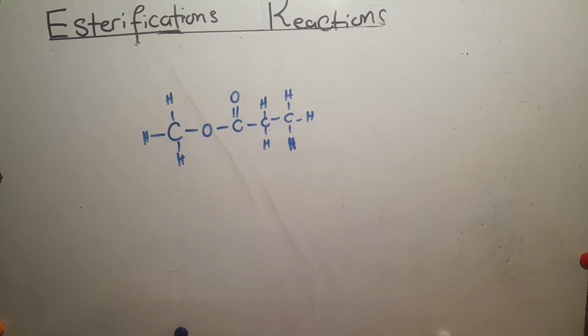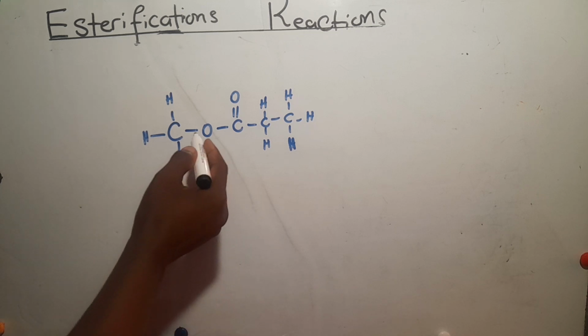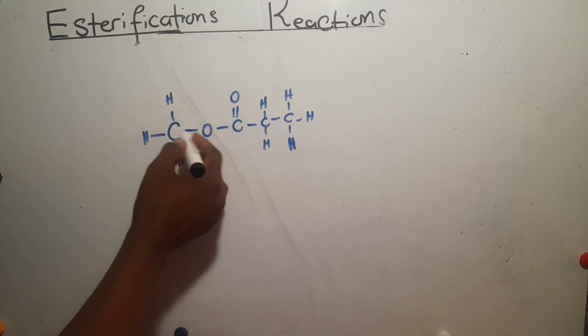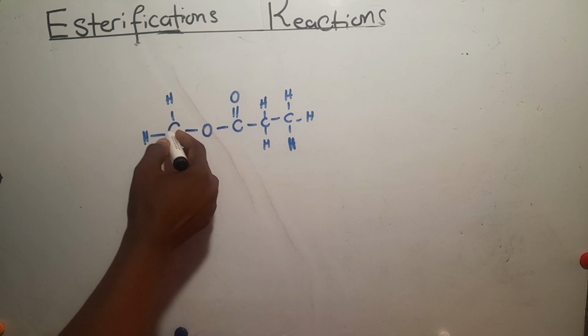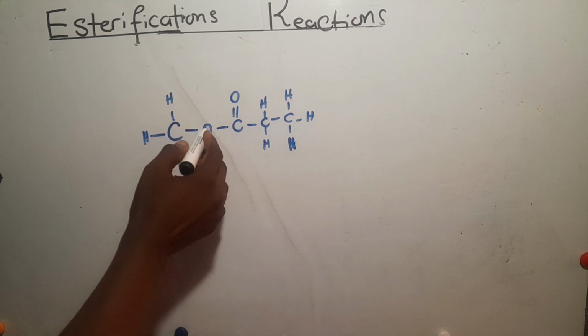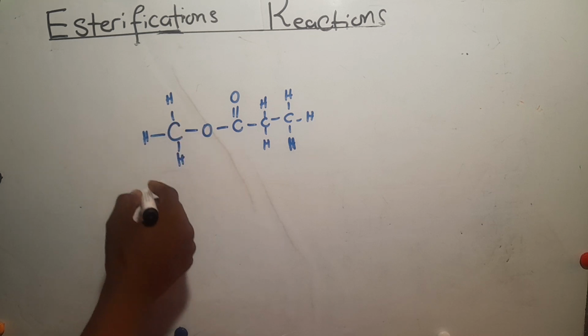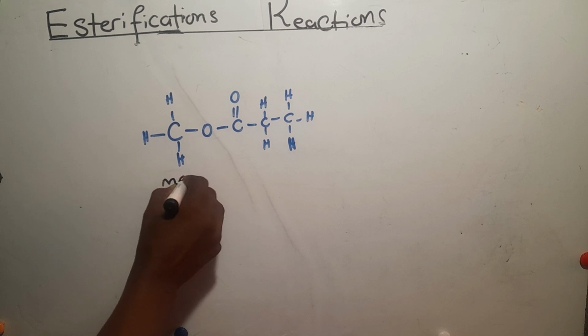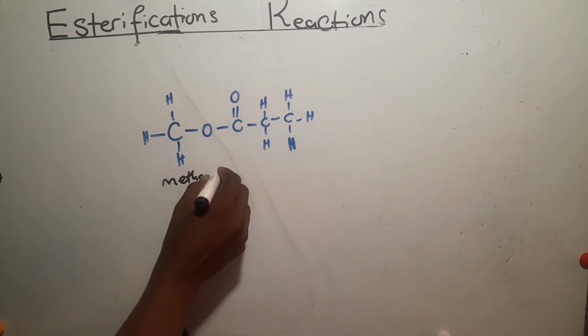So yes, I will give you 3, 2, 1, 0. Okay, so obviously this O is close to this carbon, which is only 1, and we said the one close to this O is the alcohol. So that will be methanol.